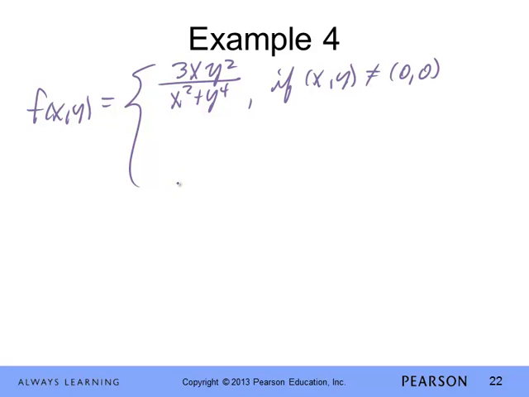And we're saying that f is 0 if (x,y) is at the origin.